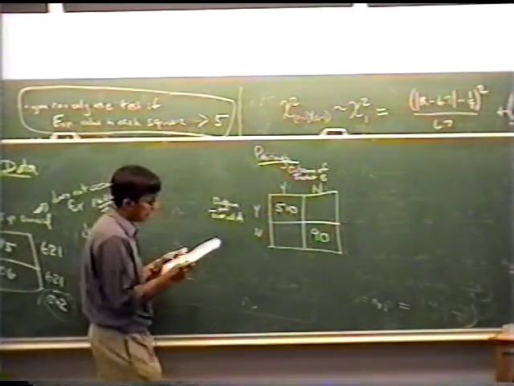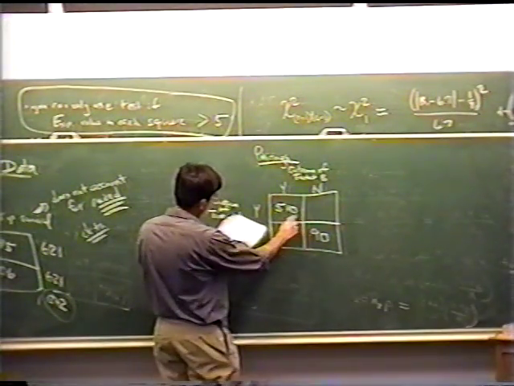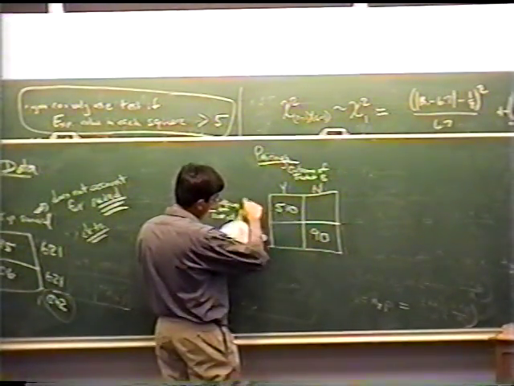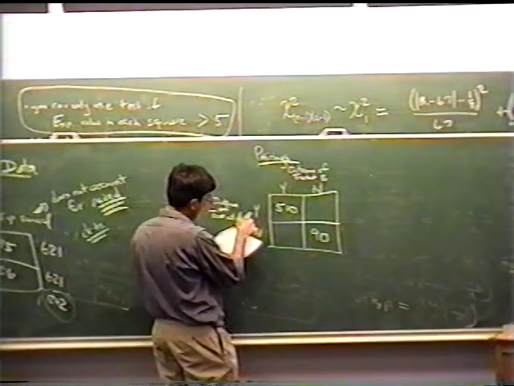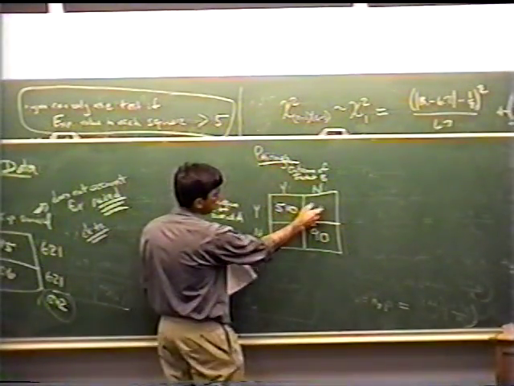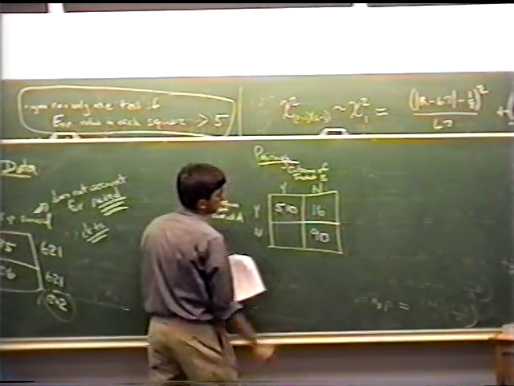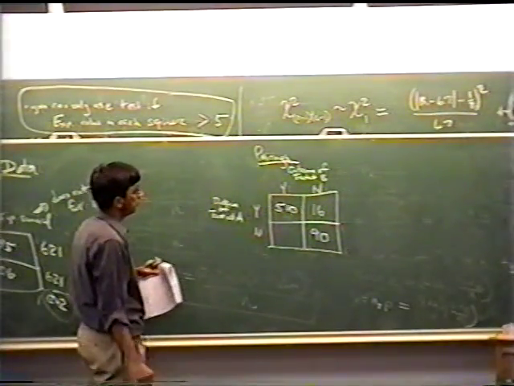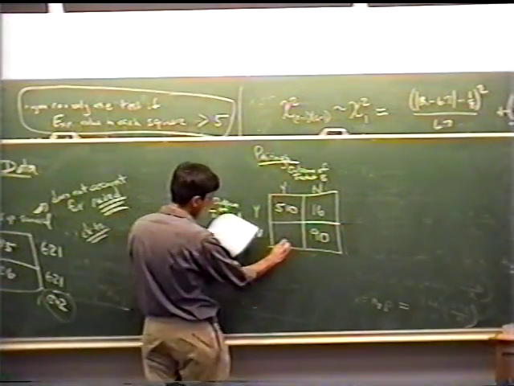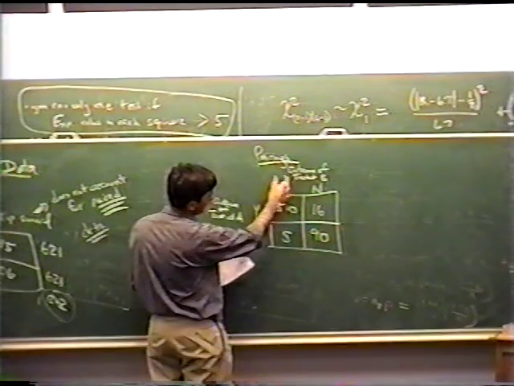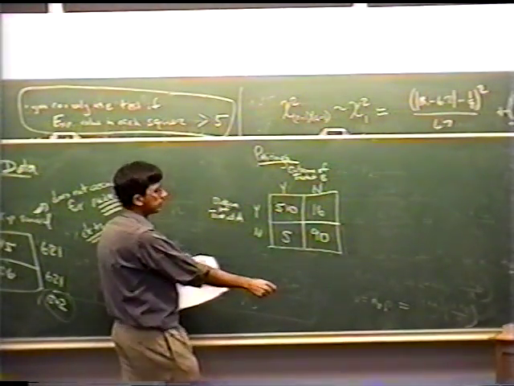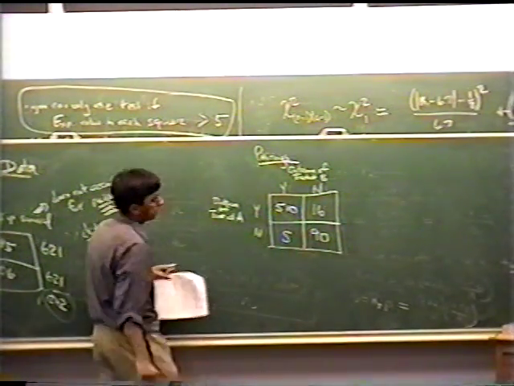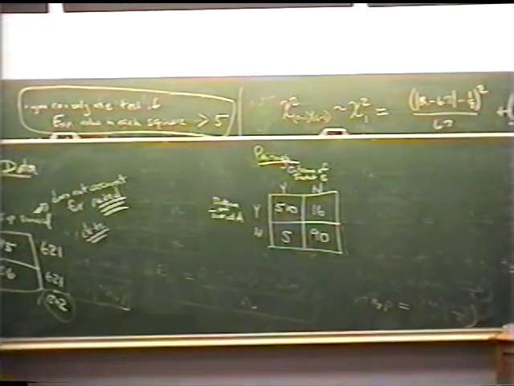So what happened to the other 21 pairs? Well, 16 pairs in which the one patient on treatment A survived, but the one in treatment B did not. Okay? And there were 5 pairs where the patient on treatment B survived out to 5 years, but the patient on treatment A did not. So what does that tell us?